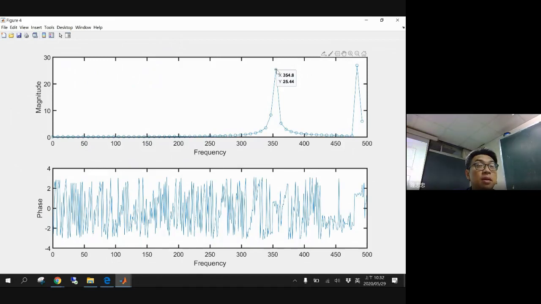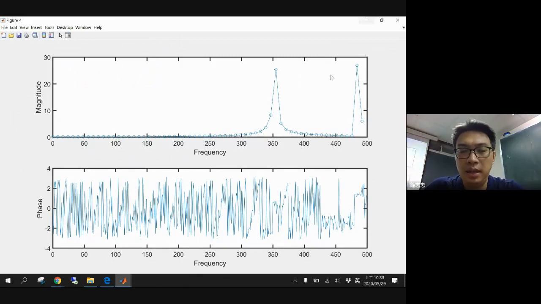However, I cannot distinguish the very close components, one at 480 and the other at 485. Because of the truncation, I lose resolution in the frequency domain, right? That's why I cannot distinguish the very close spectrum anymore.